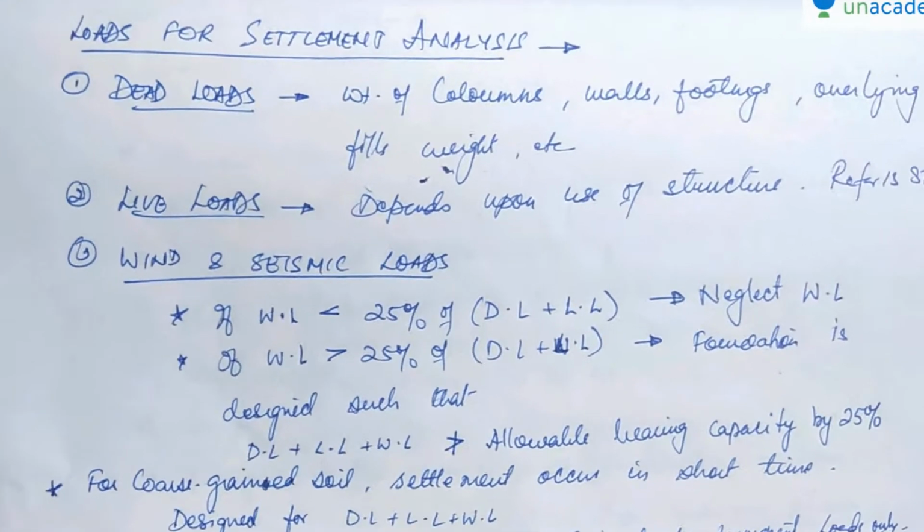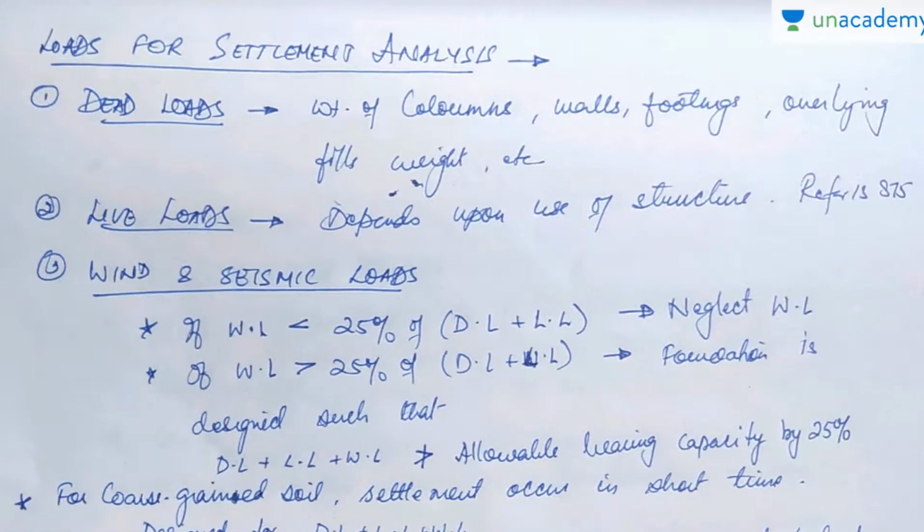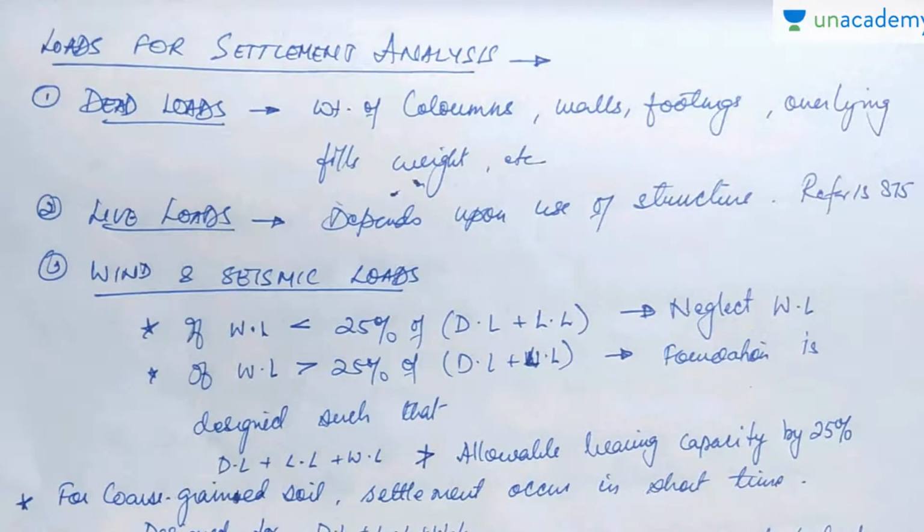Now let's see the loads, design load which we are going to take for our settlement analysis. Loads can be of three types: dead loads, live loads, or wind or seismic loads. Dead loads, I hope you all know, is actually the self weight of the structure, and it consists of columns, walls, footings, overlying fills, etc. Then you can have live loads.